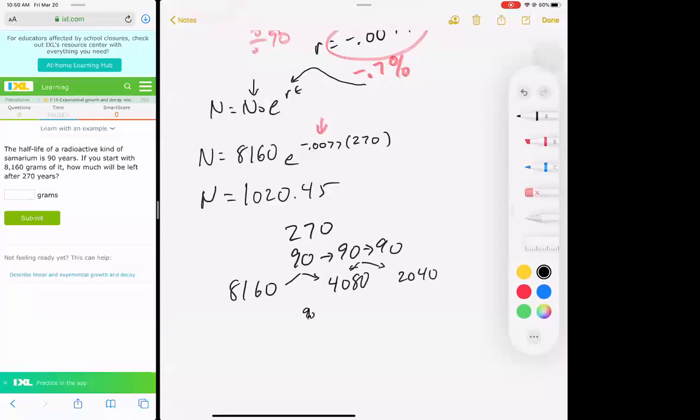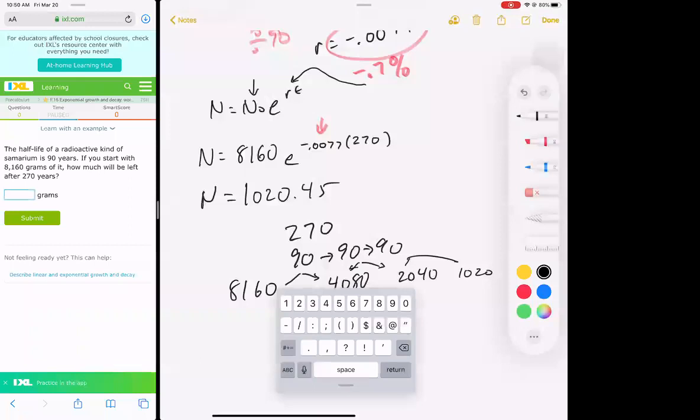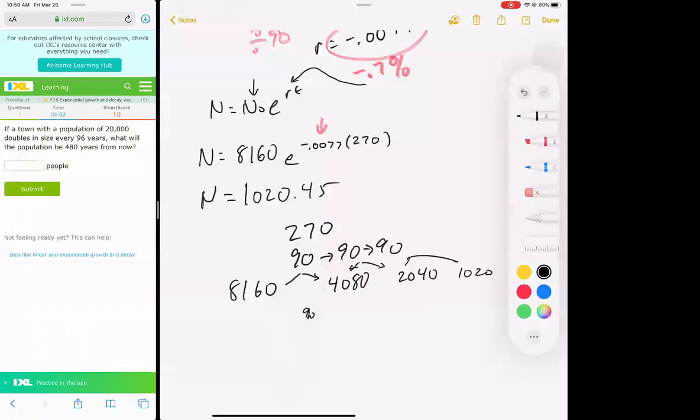And then after another 90 years, we're at 1020. Okay, how much will be left after?